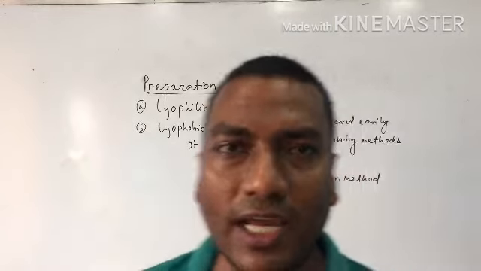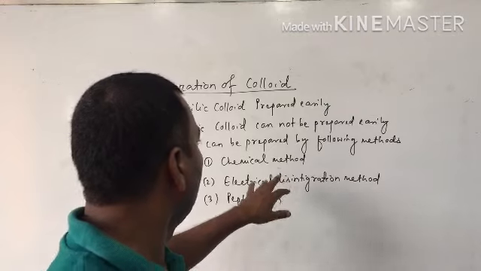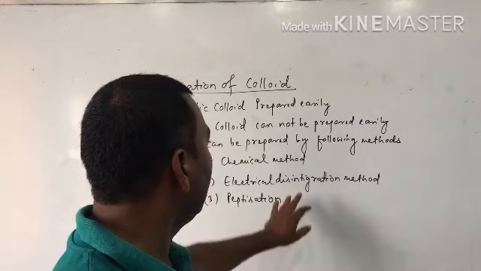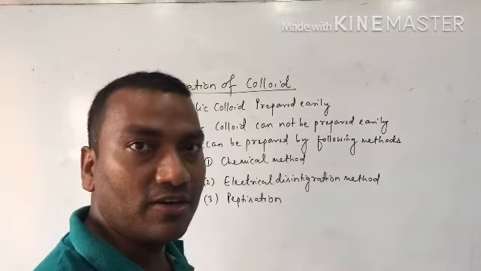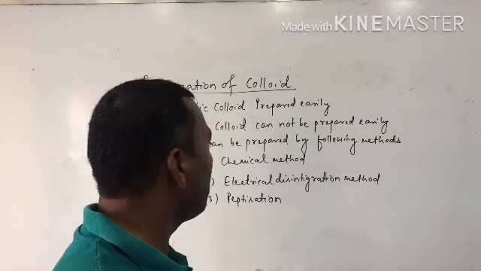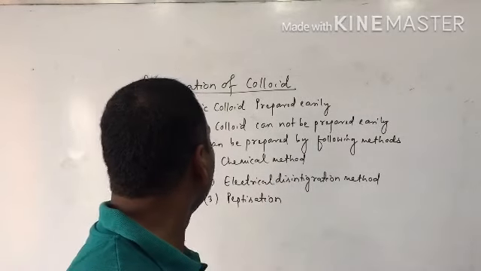Lyophobic colloid can be prepared by the following three methods: a chemical method, the electrical disintegration method, which is also known as Bredig's arc method, and the third one is peptization. Very important, especially 1 and 3.